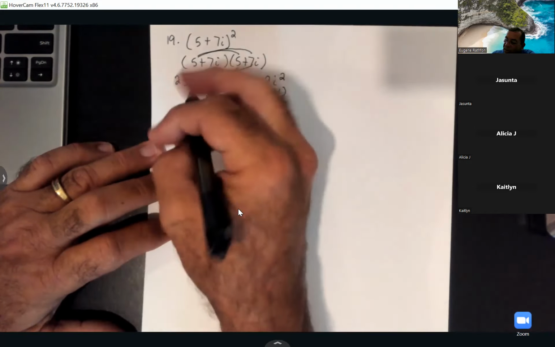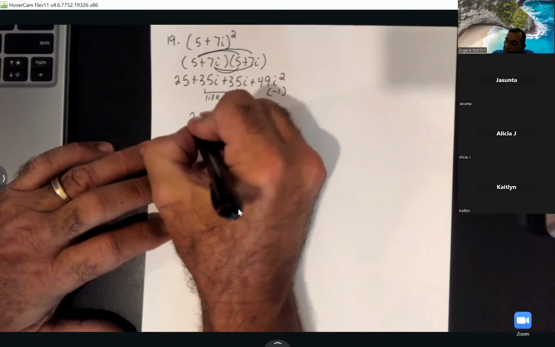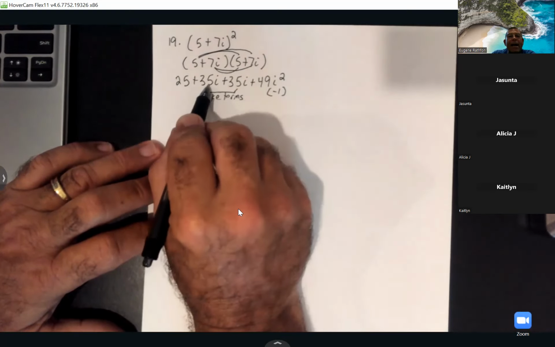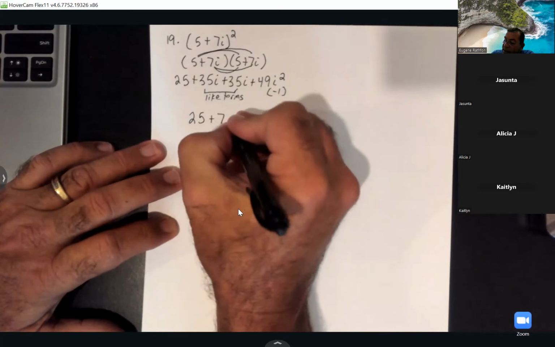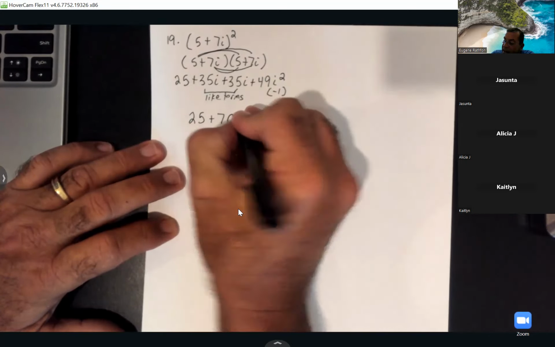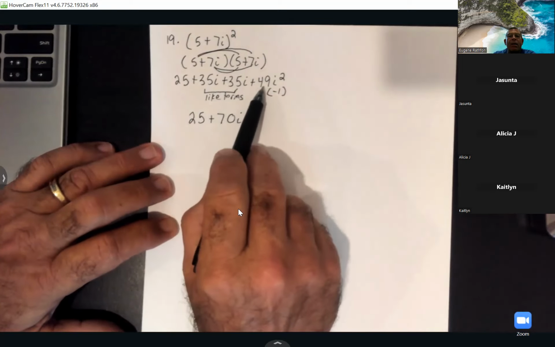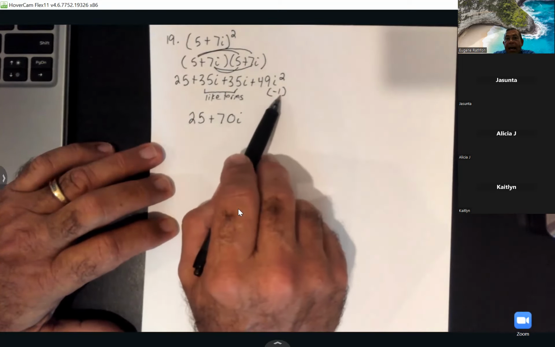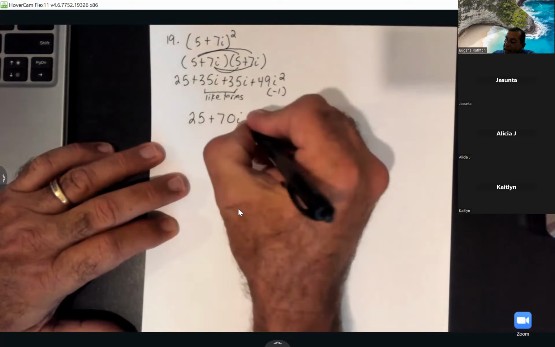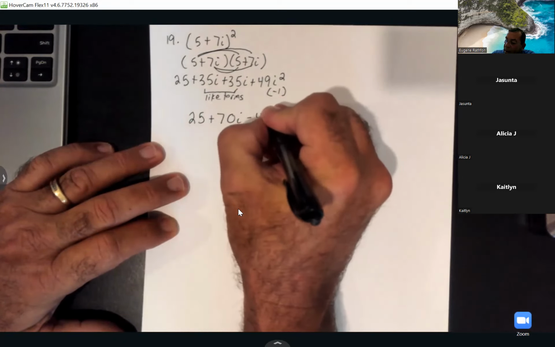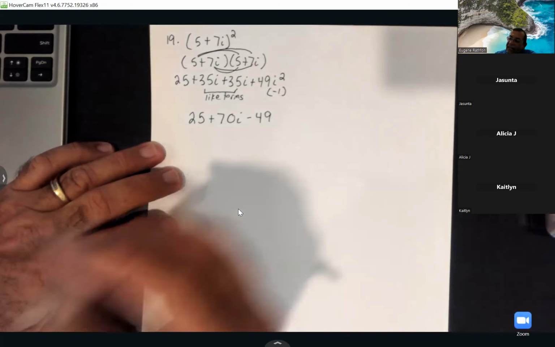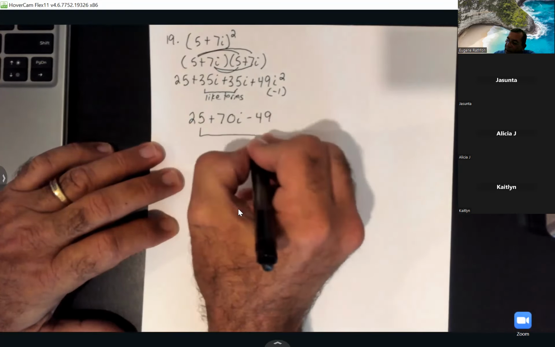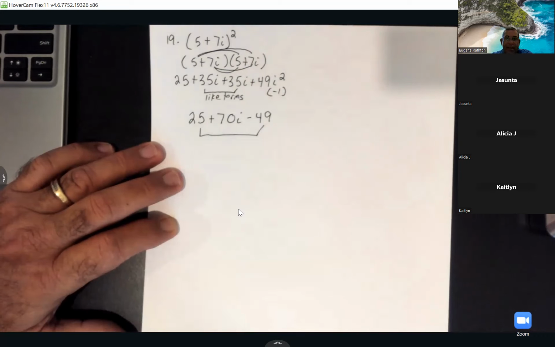I'm going to bring down that 25. 35i plus 35i is going to give us a positive 70i. This positive 49 times the negative 1 is going to make that a negative 49. So notice you always got that last step of like terms at the end.